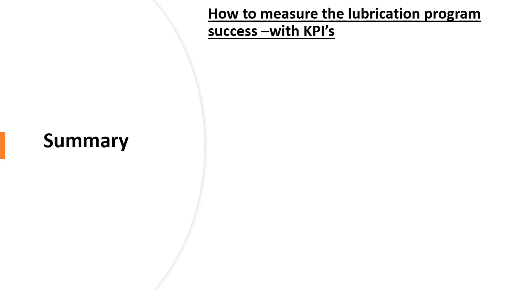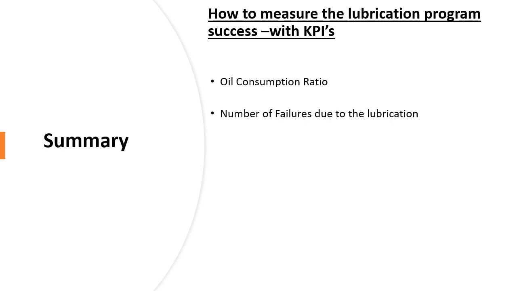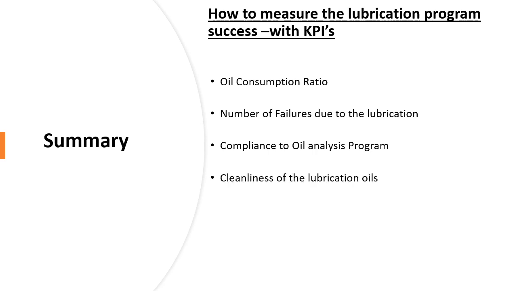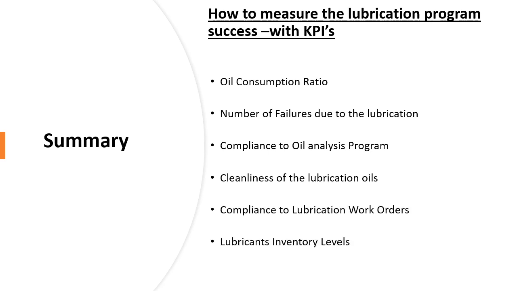So here is the summary of our presentation. How to measure the lubrication program success with our KPIs: by tracking the oil consumption ratio, measuring the number of failures due to lubrication, measuring the compliance to the oil analysis program, keeping a target on the cleanliness of the lubrication oils, the compliance to the lubrication work orders, and lubricant inventory levels.